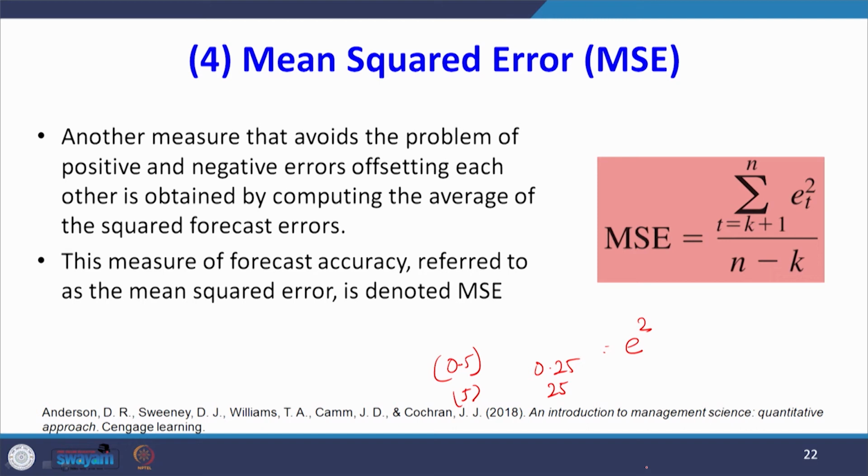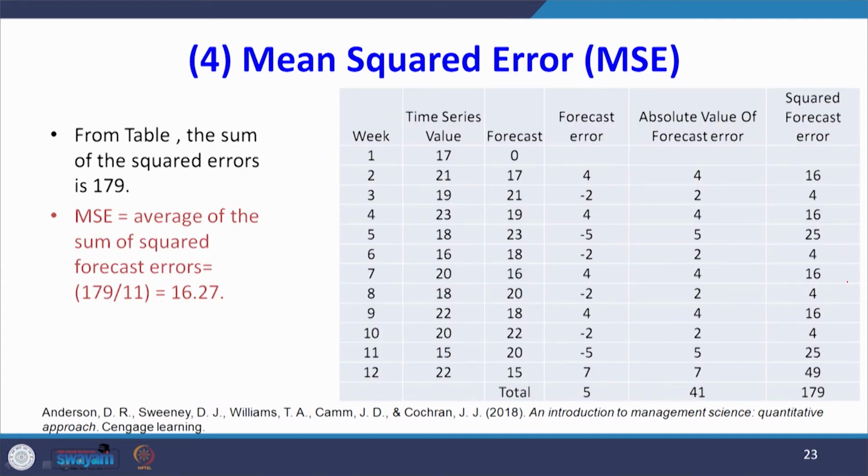That is why in the variance formula also, you might recollect, the variance formula is sigma of x minus x bar, that is nothing but error squared, divided by n minus 1. The purpose of squaring is to give a higher penalty for larger deviations and a lesser penalty for smaller errors or smaller deviations.